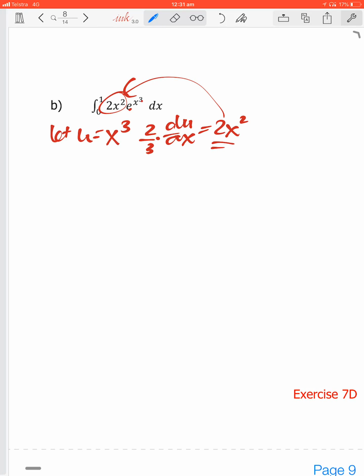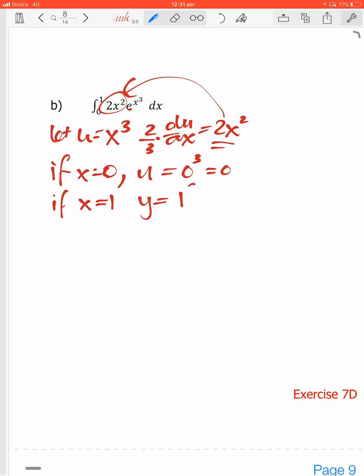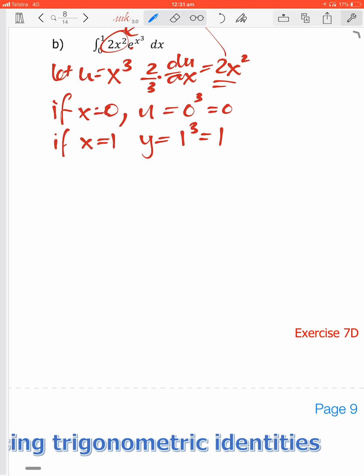Now, if x equals 0, u equals 0 cubed, which is 0. If x equals 1, u equals 1 cubed, which is 1.